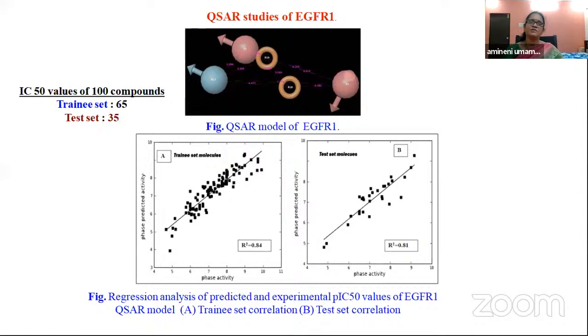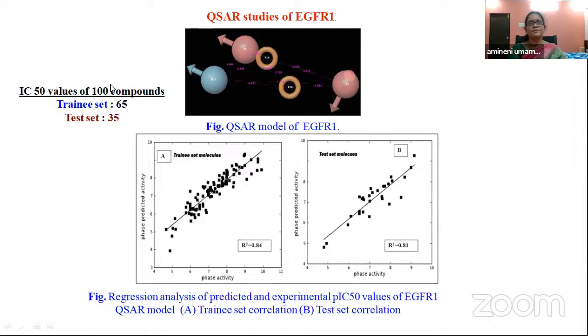If the ligand molecules have IC50 values, suppose we have 100 different compounds, we can take these 100 compounds into 65 training sets and 35 test sets.